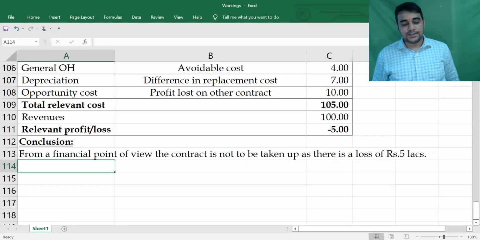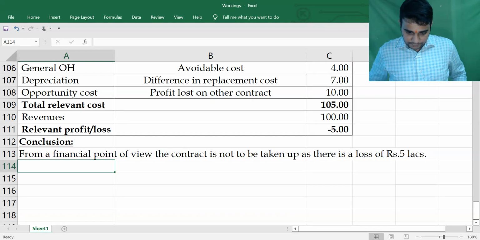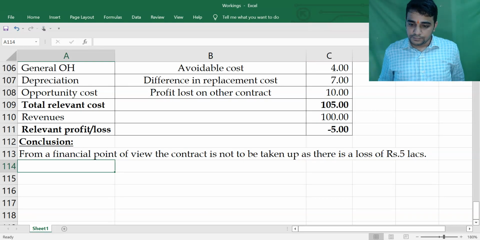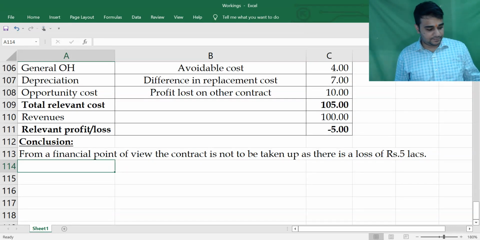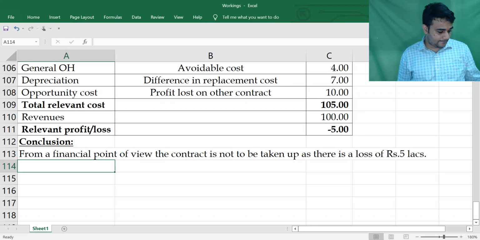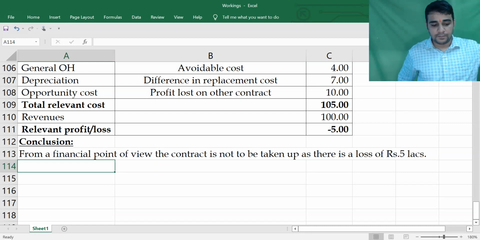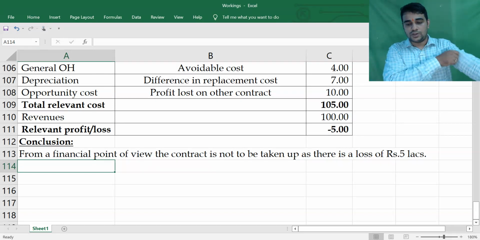the contract is not to be taken up as there is a loss of 5 lakhs.